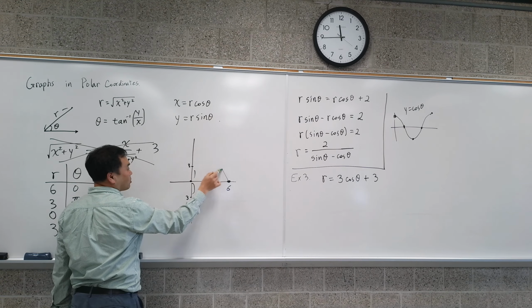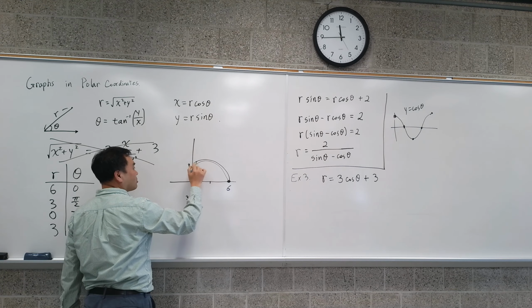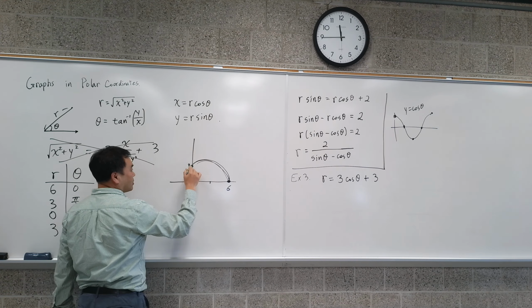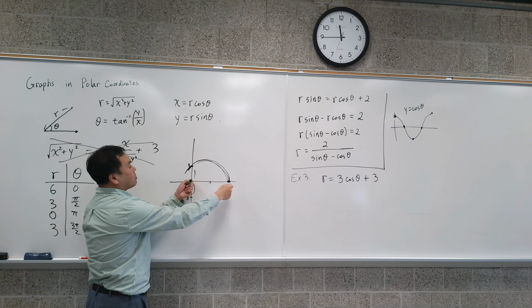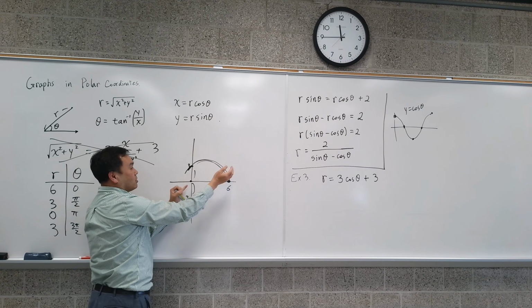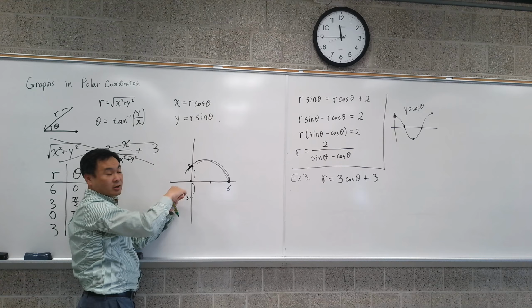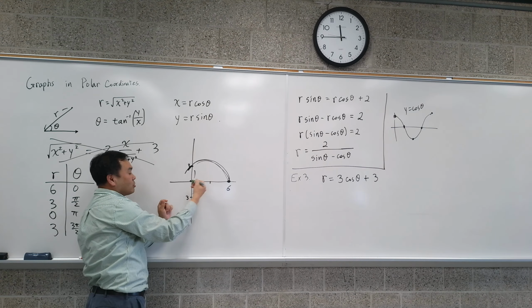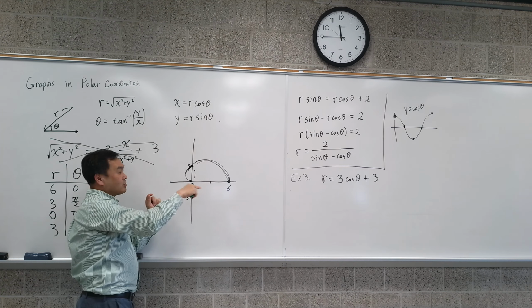So as you go this way, it does this, right? From 0 degrees to 180 degrees, as you rotate, the value of r just keeps shrinking and shrinking to 0. At 180 degrees, it completely hits 0.